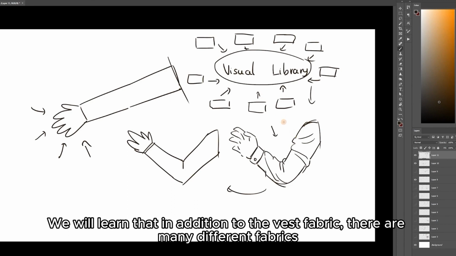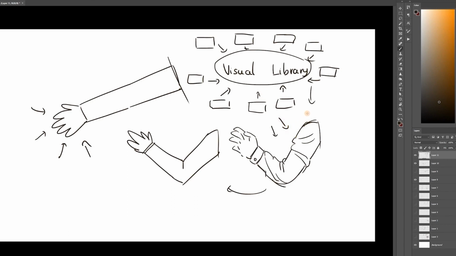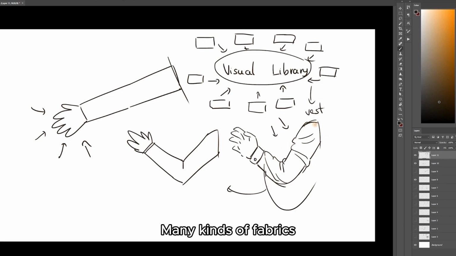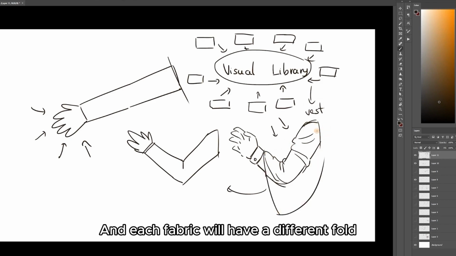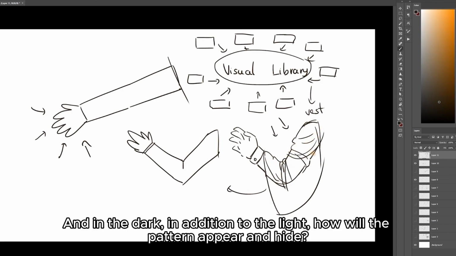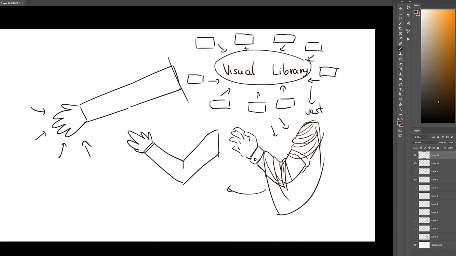We will learn that in addition to the vest fabric, there are many different fabrics, like nylon shirt, cloth shirt, cape, and each fabric will have different folds, patterns on each fabric, and in the dark, in addition to the light. How will the pattern appear and hide? So we need to observe a lot.